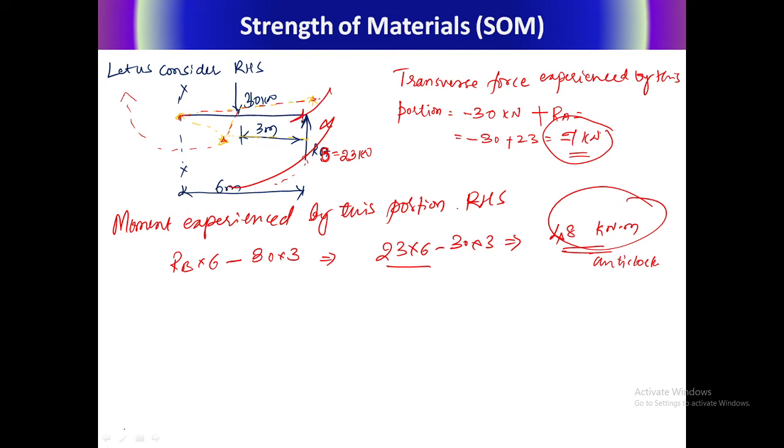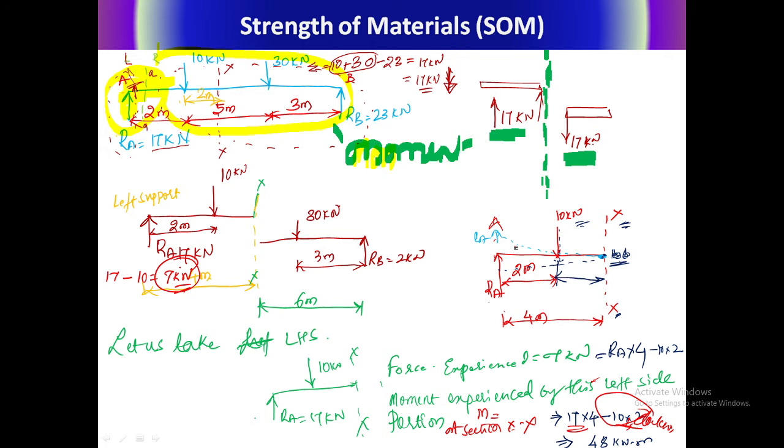Okay. This is minus. If you go for equilibrium conditions, you got a majority on the positive side. Here also we took clockwise as a positive, anti-clockwise as a negative.